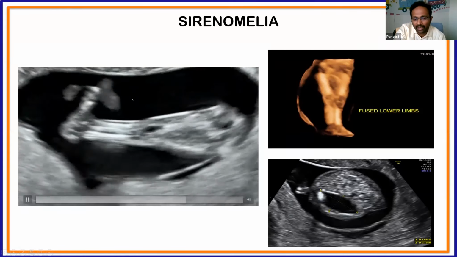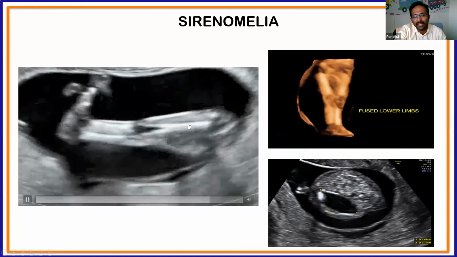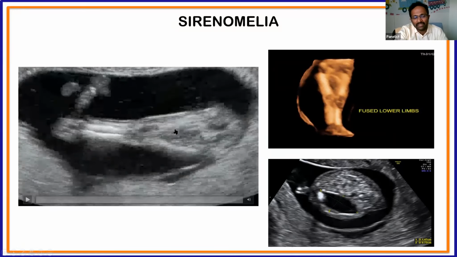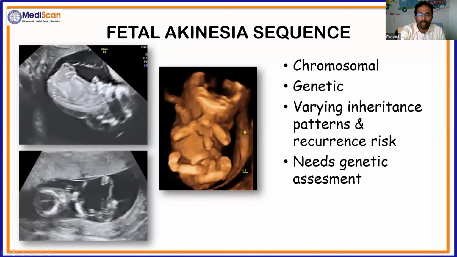This means this baby has got a condition called sirenomelia. A common diagnosis can be easily made out at this time if we simply see both lower limbs not separating out at all. These babies usually have associated renal agenesis and a bowel obstruction like an anorectal obstruction. The prognosis for this condition is very, very poor, and it is usually sporadic with a low recurrence risk.